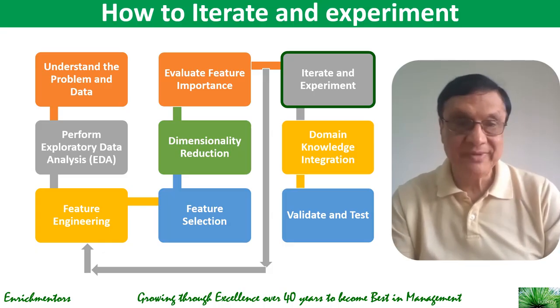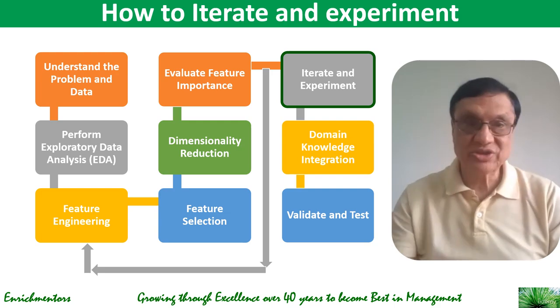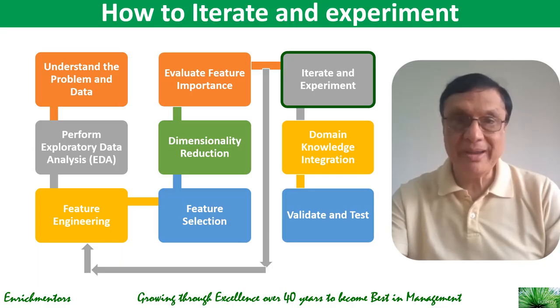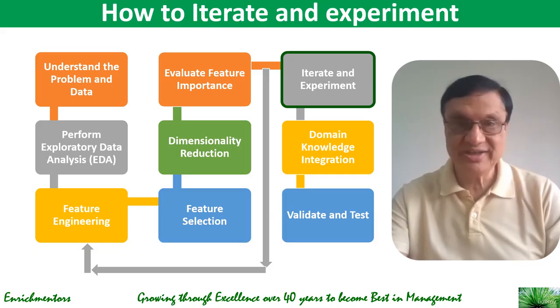At each step, as you go back and then come up again from steps 3 to 6, from feature engineering to evaluating feature importance, that's where the iteration would happen. And here you need to continuously evaluate the impact of this feature engineering on the model performance and adjust your strategies accordingly. It's a hugely iterative process.